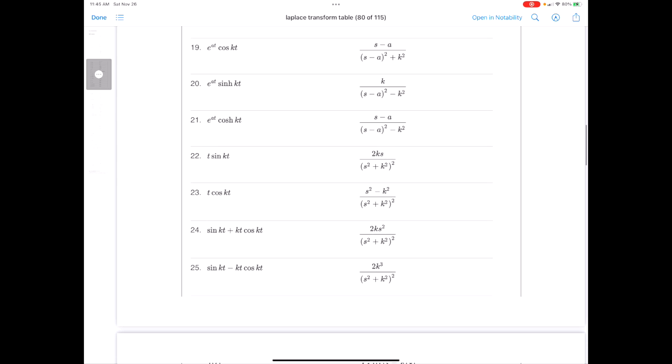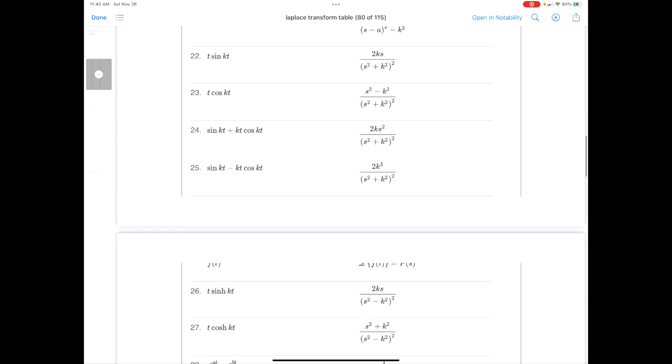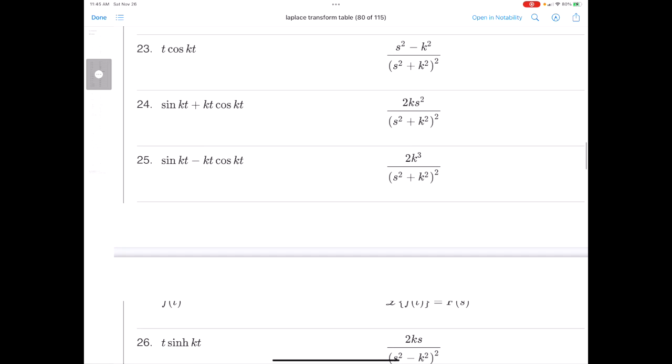So as we move on, I'm looking here at number 25. Remember that my k is 1, so I have that 1 cubed, that k cubed. This is the same as what I have, except mine is shifted over 1 to the right. That makes sense?